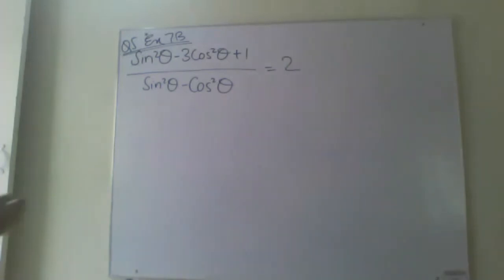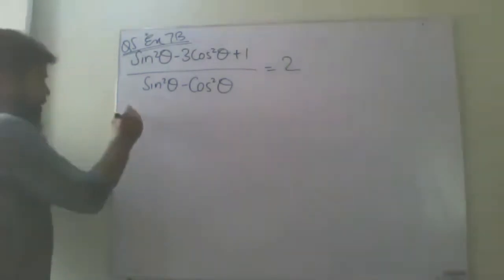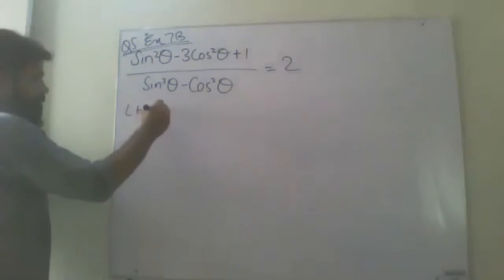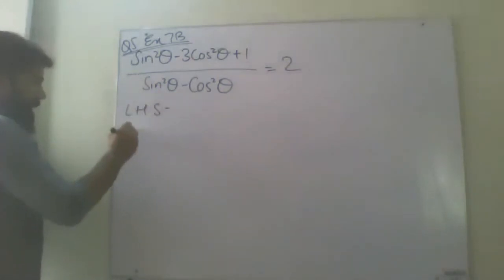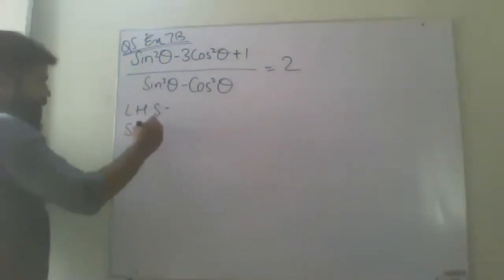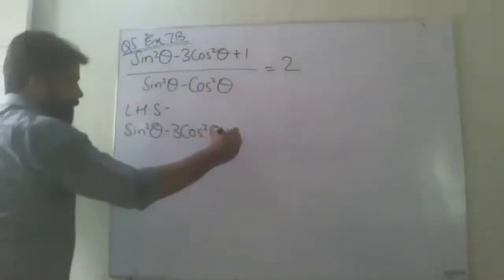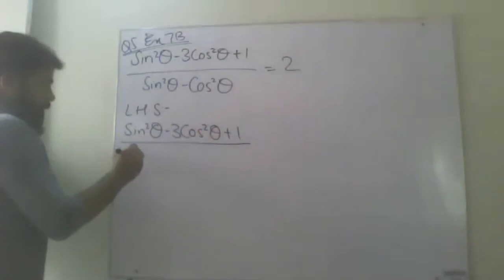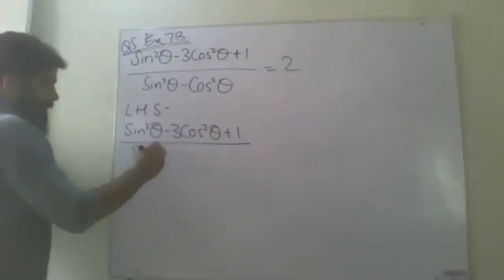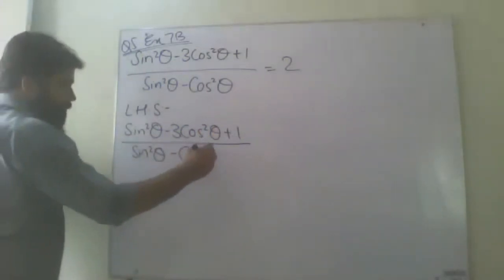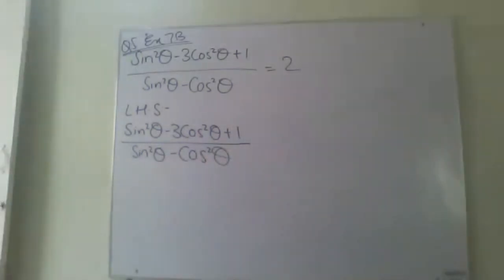Okay, so I'm starting with the left hand side, which is sine squared theta minus 3 cos squared theta plus 1 over sine squared theta minus cos squared theta. Okay, this is what we have to do.